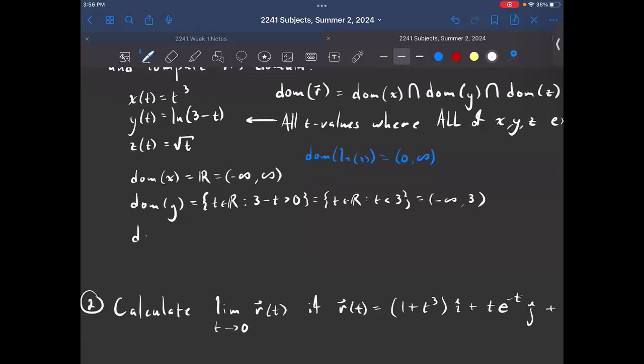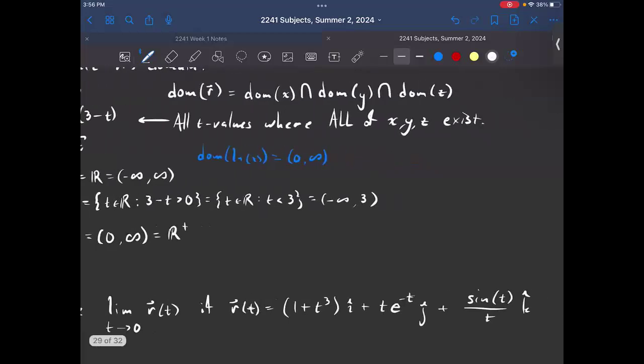All right, last we have the domain of z. And this is the square root function, which we know exists for all positive real numbers, sometimes also written as R plus.